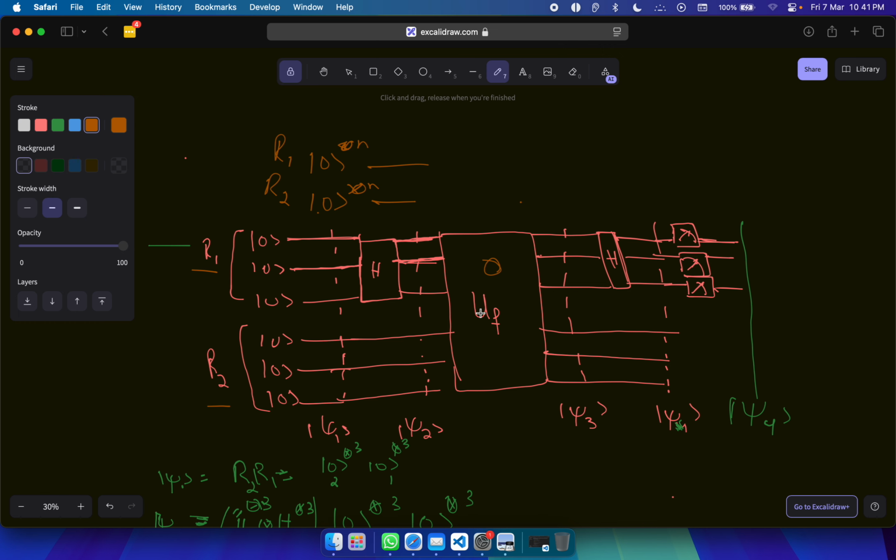So we first introduce the Hadamard gate here, where it creates a superposition state of each, and we know that H gives you an equal superposition of a 0 and a 1. We also call that the X state, or plus state.